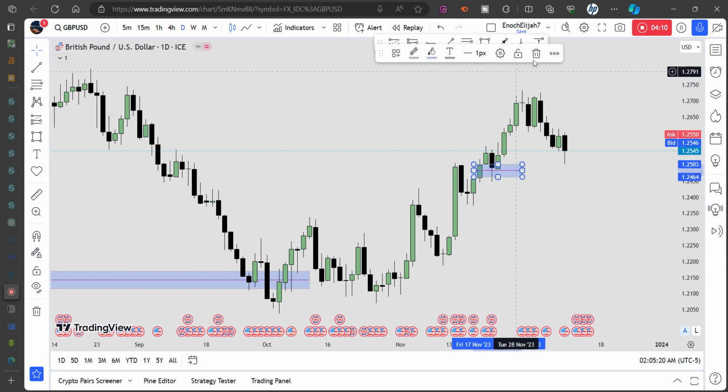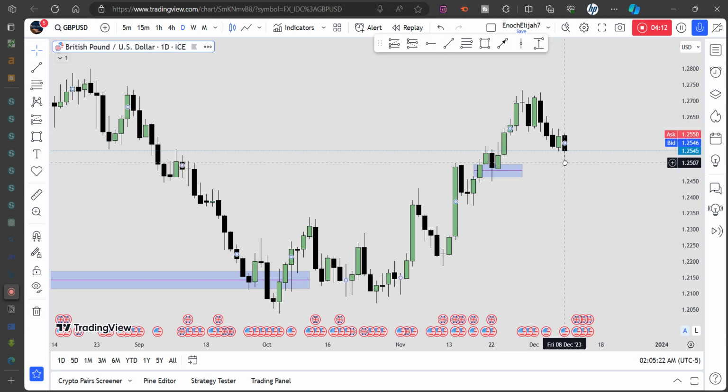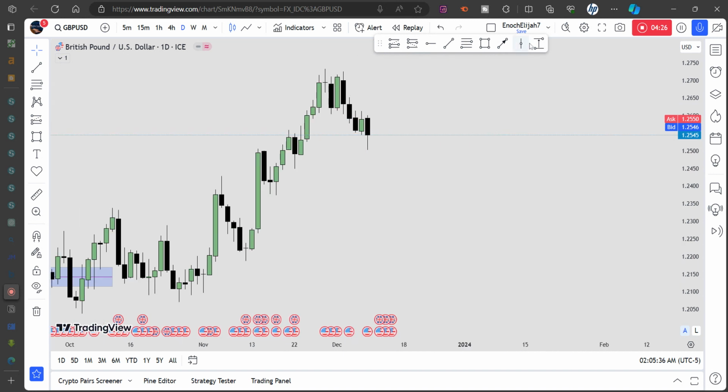That is how price moves. Price either moves to take out an old low, or price moves to fill an imbalance. That is the main reason price moves.